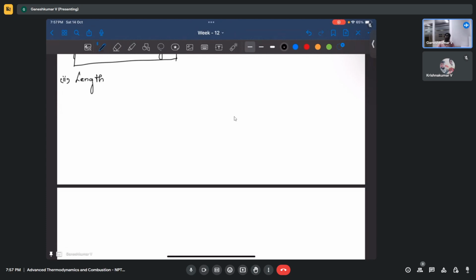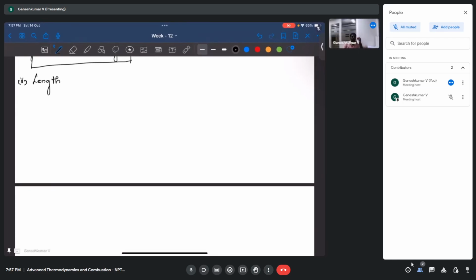So if I could estimate the time at which it fully burns, that is going to be the droplet lifetime, right? The time at which it is going to end. And once we know that, we know the velocity, so we can easily find how much distance it has traveled before it gets fully burnt, right? So that is what we are going to do. Length of combustor.